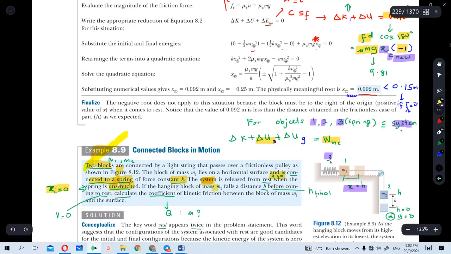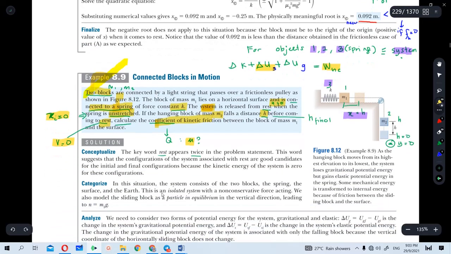If then M2 fall a distant downward h before coming to rest, so the term to rest, come to rest indicates that their V final would be 0. Calculate the coefficient of kinetic friction. So this is the main question. They would like you to calculate the mu between the block M1 horizontal and the surface.